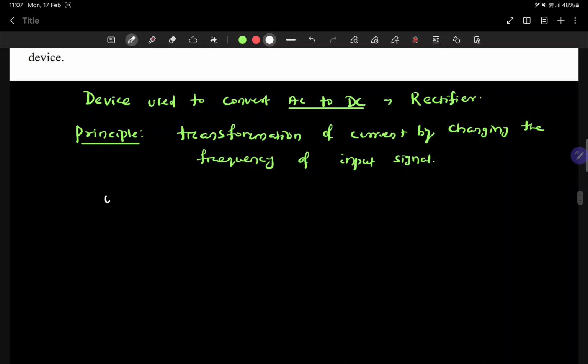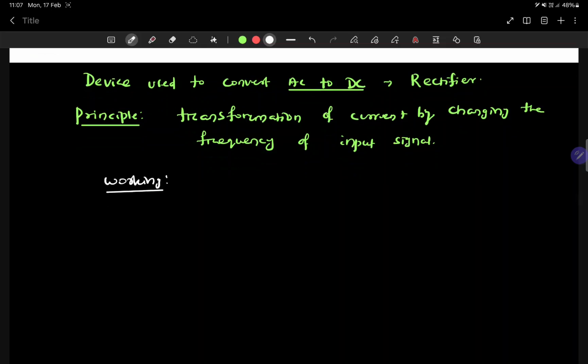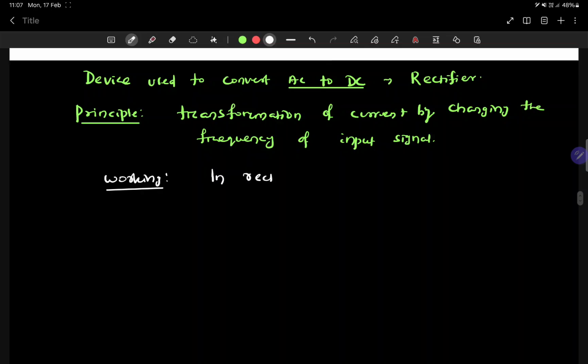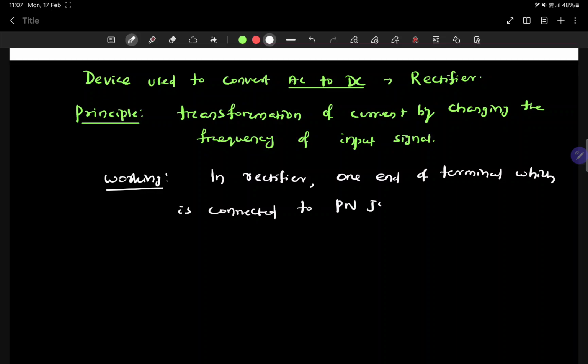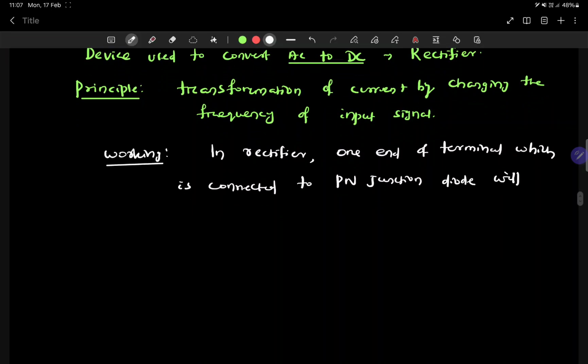Okay, so what is the working of a rectifier? Now see, in case of a rectifier, one end of the terminal which is connected to the PN junction diode will never have negative potential.